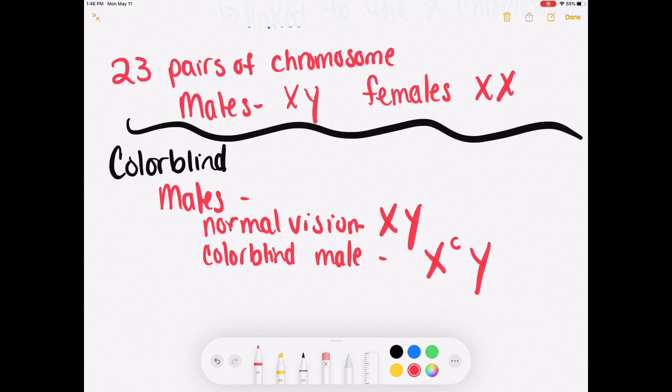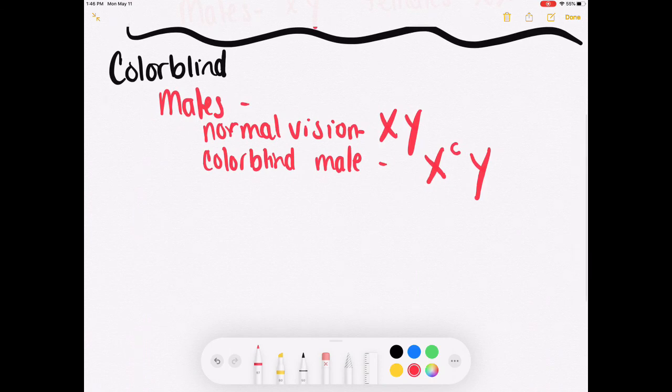They might use an H or an R or whatever it may be, but you'll be given that information, just like when we did tall and you use T, or brown eyes and you use B. So a normal vision male, XY. Colorblind male, X with this little C like an exponent in math and a Y. Males can either be normal vision or colorblind.